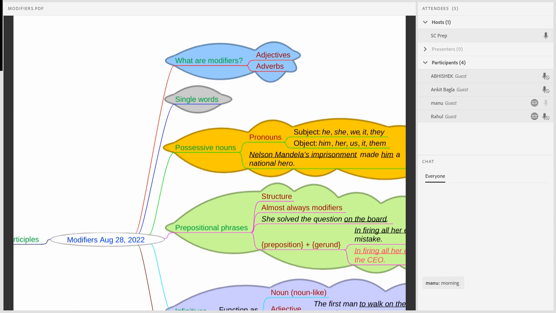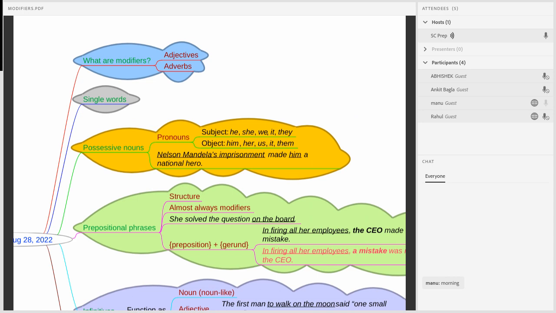Now, when you think about pronouns, you have subject pronouns and you have object pronouns. For example, if we're talking about Nelson Mandela, if you want to refer to him without using his name again, it would depend on which position in the sentence you're looking at.